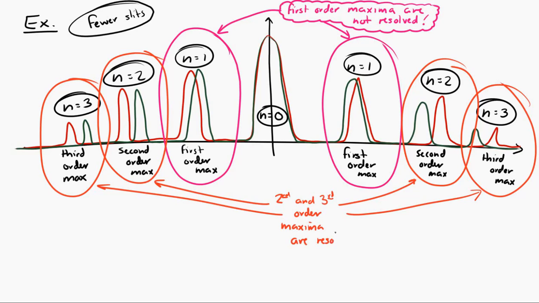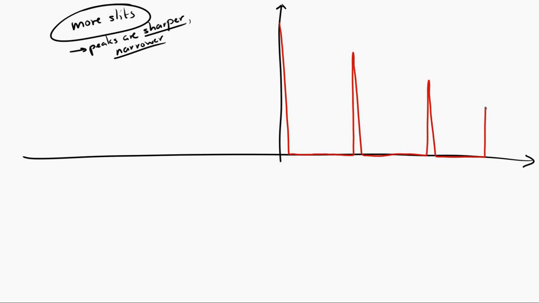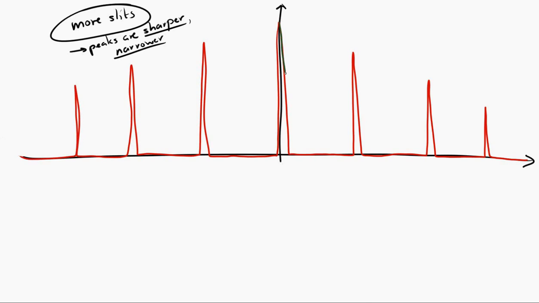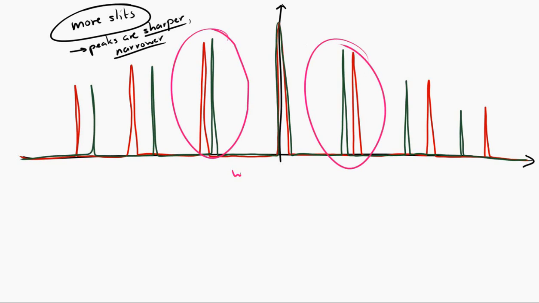Now, let's think about what would happen if you send light through many more slits. Then the peaks will be narrower, and we would get something that looks maybe like this. Because the first, second, and third order maxima are all narrower, now we are able to resolve the first order maxima from the two different wavelengths.